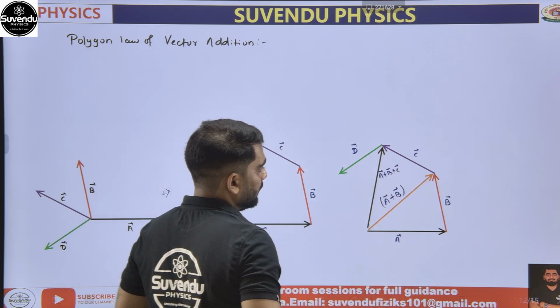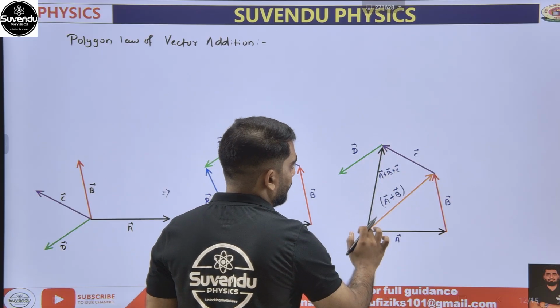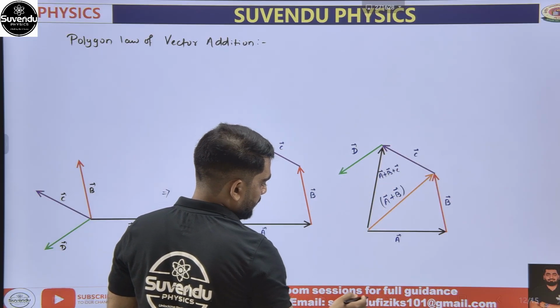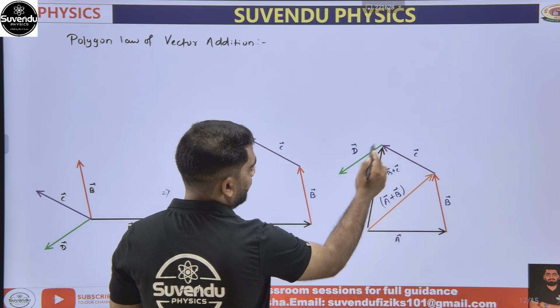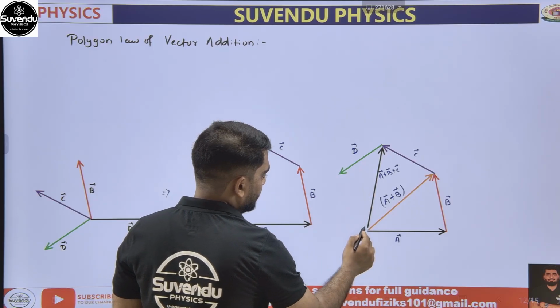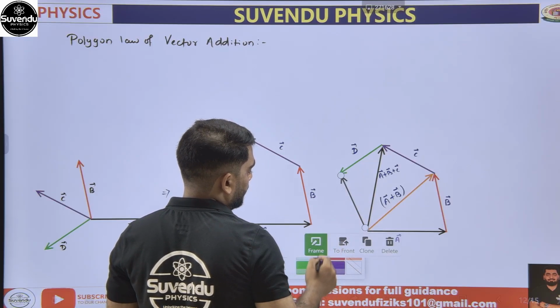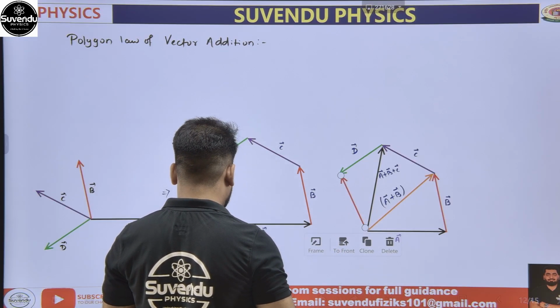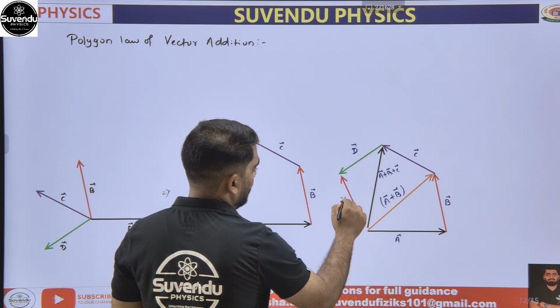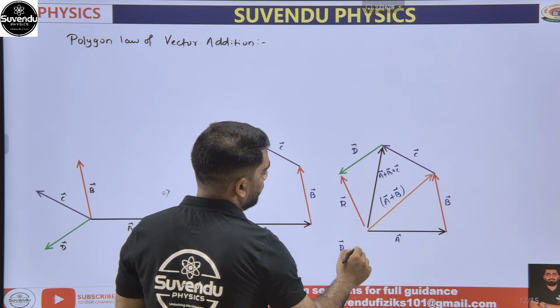Now this black color vector and green color vector are two sides of a triangle taken in the same order, then the third side of the triangle taken in opposite order gives their resultant vector. This is your R vector, and R vector is the vector addition.